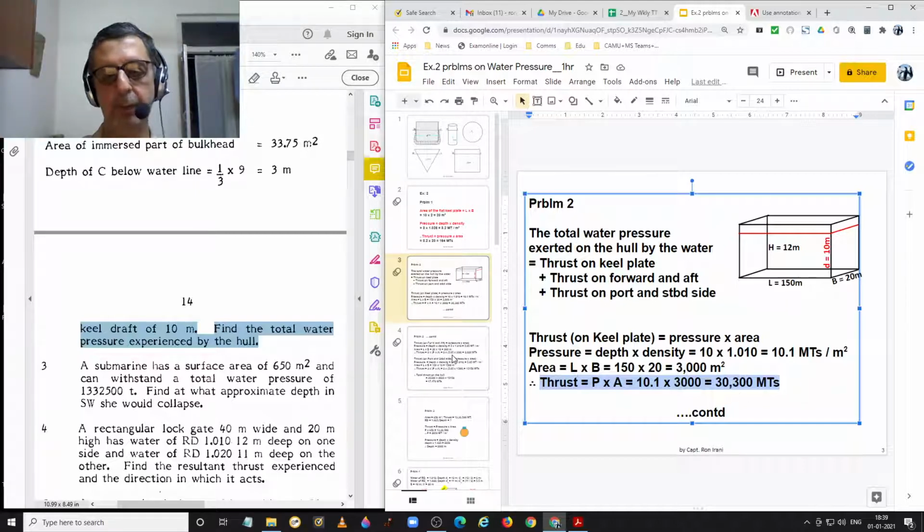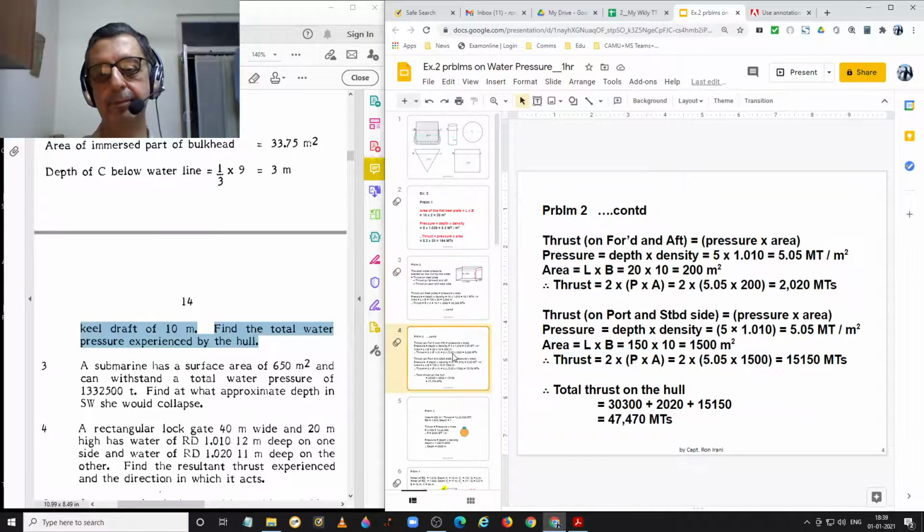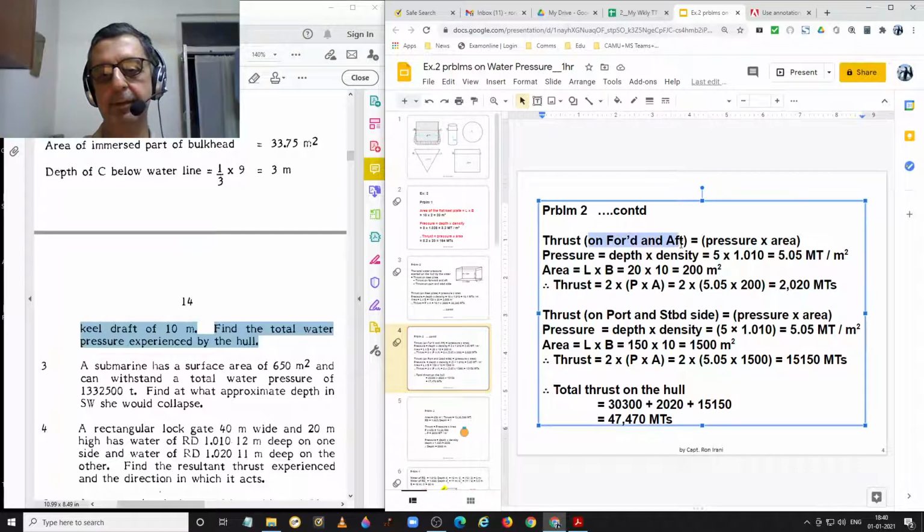Going on to part 2, for finding the thrust on the forward and aft hull. As I told you before we started this exercise, we have to calculate pressure and thrust at half the draft.